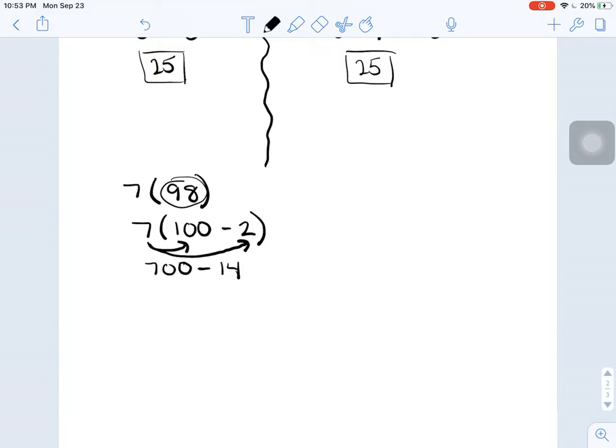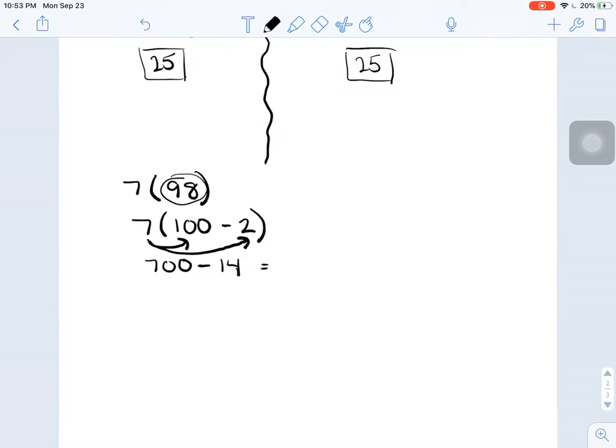That is a much easier problem to figure out, and it's something that a lot more people would be likely to be able to work through in their head. So 700 minus 14 is 686. No calculator needed.